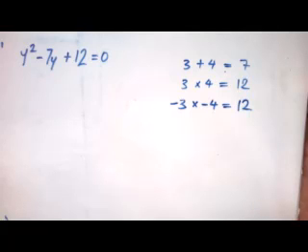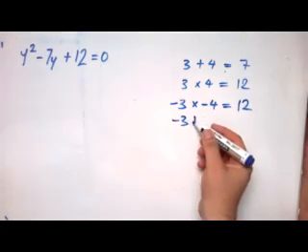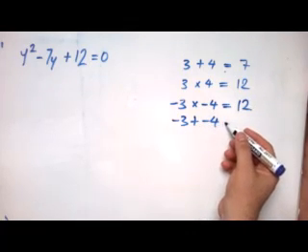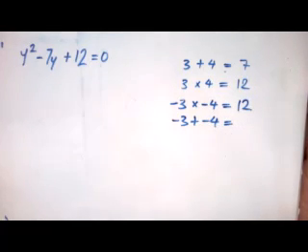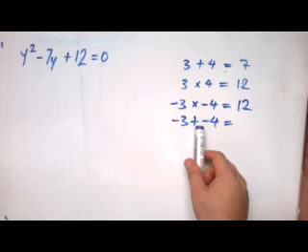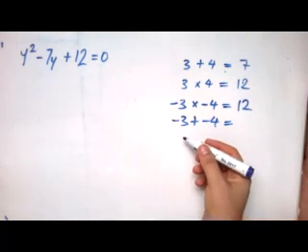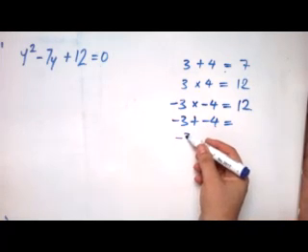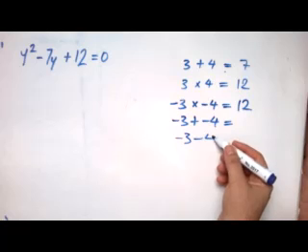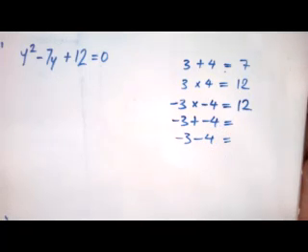Now let's try to add them and see whether we'll get minus 7. If we have minus 3 plus minus 4, what will it give us? Remember that this plus sign will be swallowed by the minus sign. So at the end of the day, you will have minus 3 minus 4, the same as what we have here. But if you don't want to be confused, let's leave it as it is.